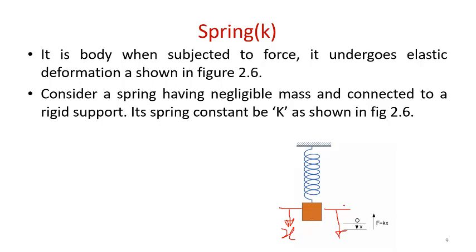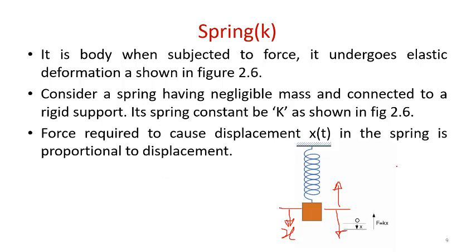Here the reactive force acts opposite to the applied force. The rate at which it brings back will be proportional to the change in displacement. Because of this property of the spring, it is called the spring constant, denoted by letter K, and it will be in the opposite direction. So it is also given as minus K into x.